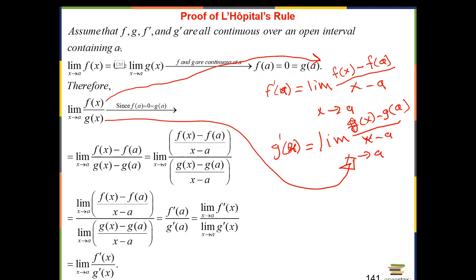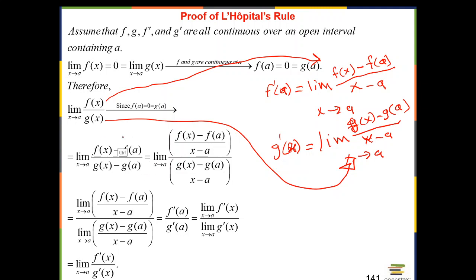First of all, we know that the limit of f of x when x approaches a is 0, and the limit of g of x when x approaches a is also 0. And so that means, that's how we got here, right? We substituted a for x, and we got 0 over 0. That means f of a and g of a are both 0. That means I can actually subtract f of a from the numerator and subtract g of a from the denominator and get away with it, because they don't change the value of f of x over g of x.